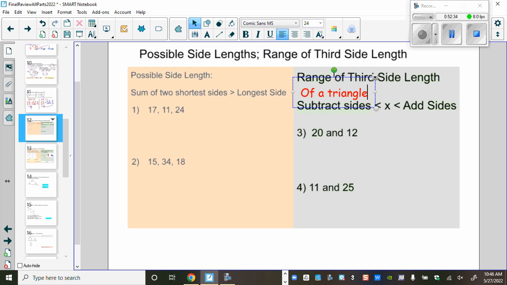That did not work. Here we go. So both bases of a triangle. So now for the first one, which are two shortest sides? Which two? All right, so what's 11 plus 17?